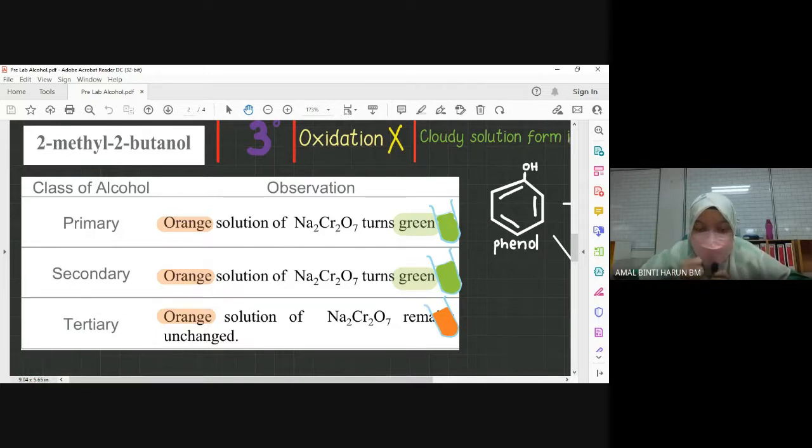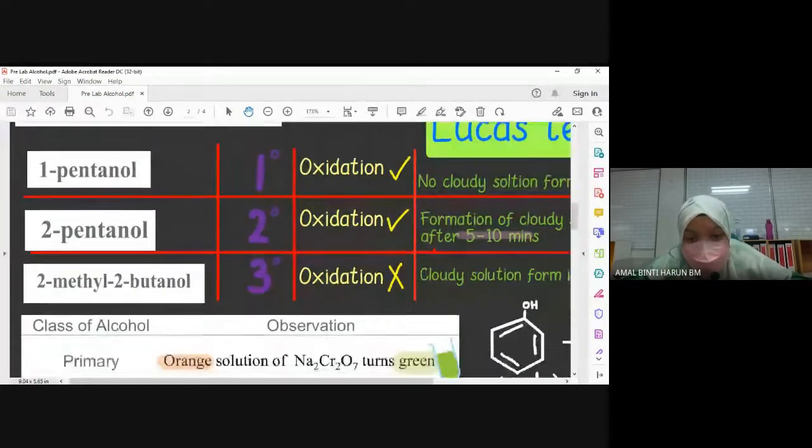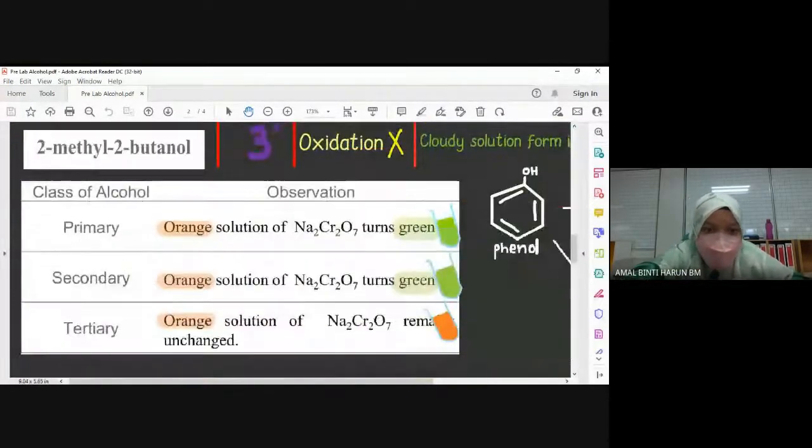So kalau dia oxidation, meaning that sodium dichromate is oxidizing agent which oxidizes alcohol. Okay. Tetapi dekat sini saya kata only primary and secondary alcohol can be oxidized but tertiary cannot be oxidized. Okay, sebab apa nanti kita lukis struktur dia, kita tengok kenapa dia tak boleh oxidize.